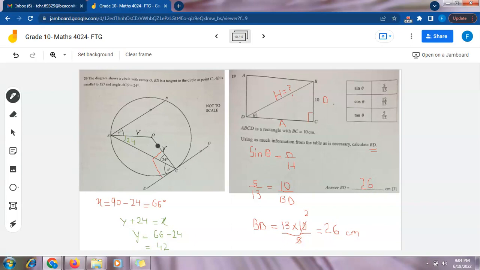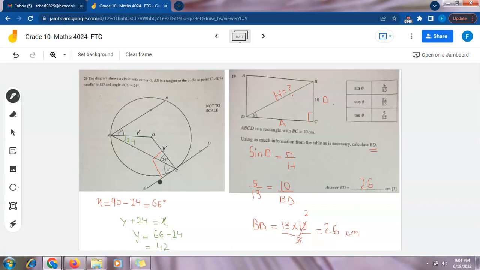The radius and tangent are always perpendicular, so this red angle is 90 degrees, because this is the point of contact between the radius and the tangent. They are perpendicular to each other.